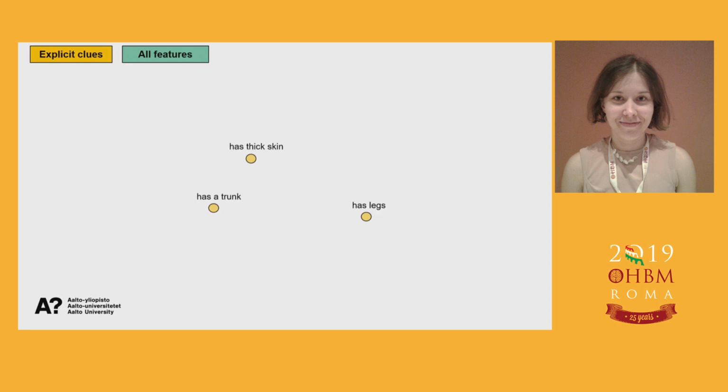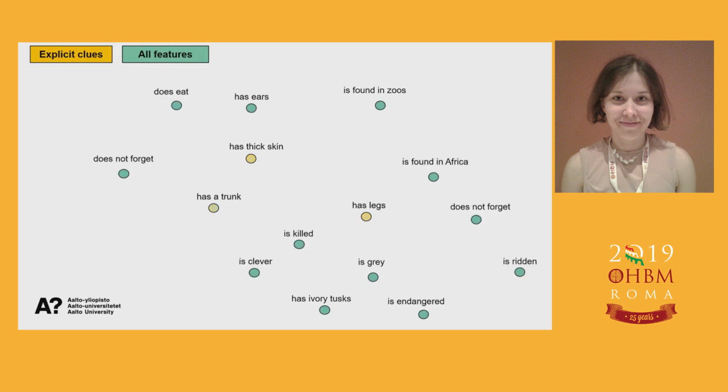So schematically, what we wanted to know is what kind of a representation we elicit by probing the semantic representations in this way. So is it the 3 clues that we show? Or is it perhaps some larger set of features associated with the target concept?